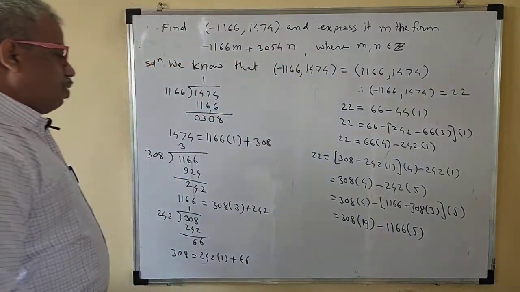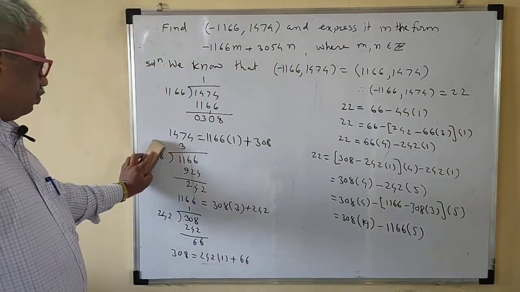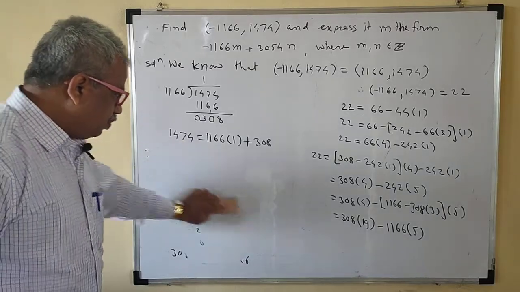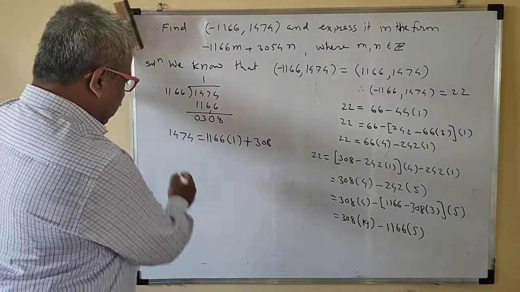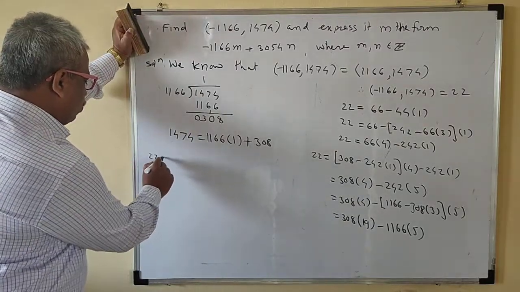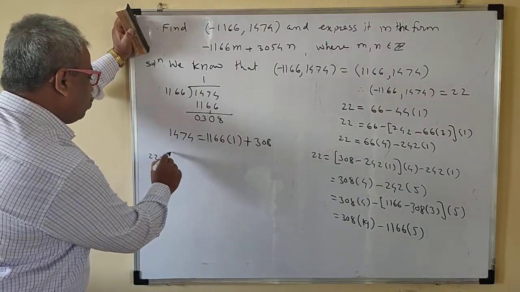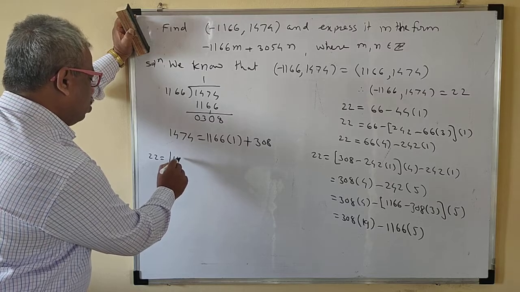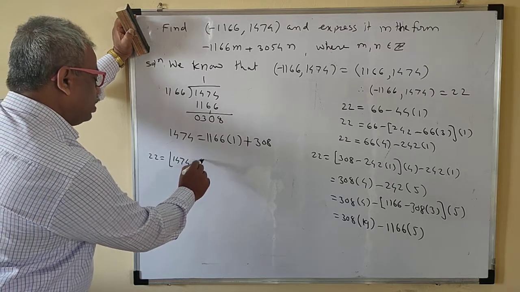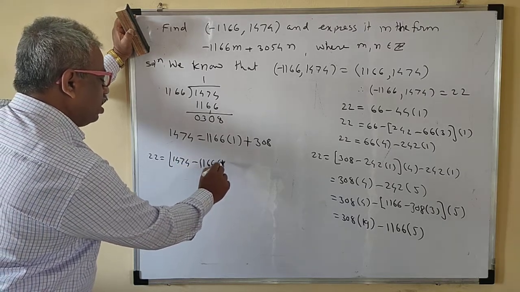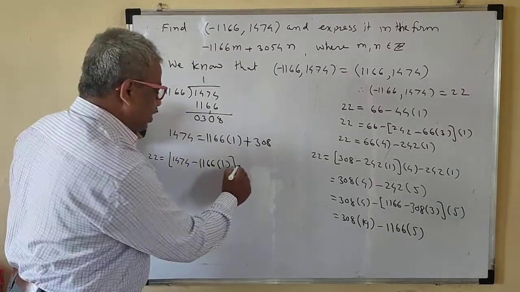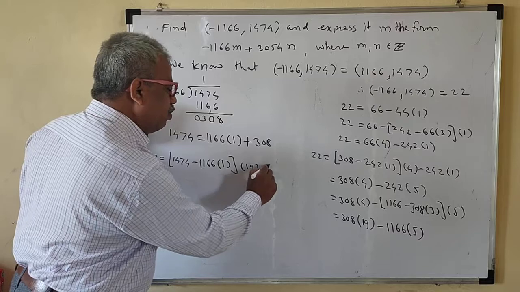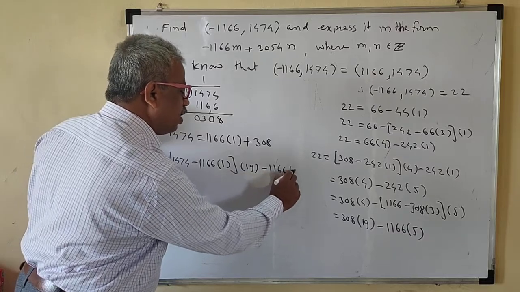Okay. So now we have to put the value of 308. So I will write here 22 is equal to, and we will put the value of 308. This is 1474 minus 1166 into 1. So this is the value of 308, into 19 minus 1166 into 5.